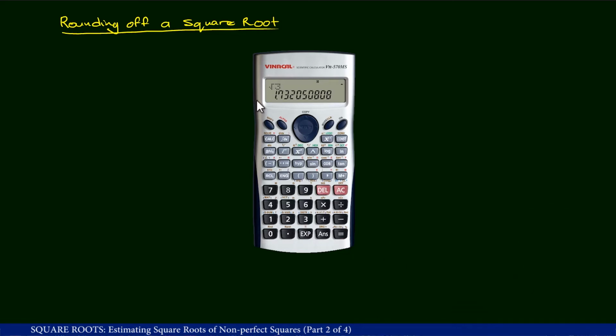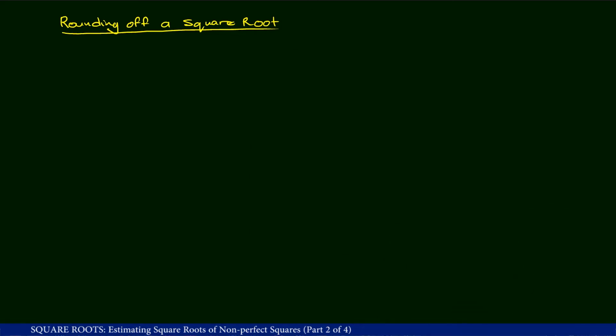So let me just write this value on my screen. 1.7320500808. It actually should be longer than this, but this is the limit that my calculator display has, so it just displayed up to 9 decimal places.